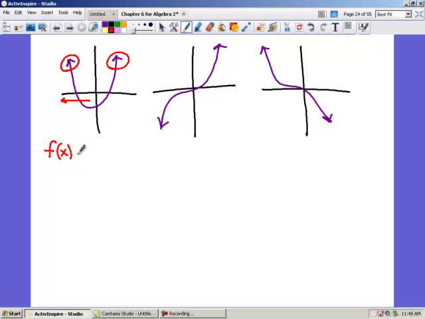So as the function goes to negative infinity, because we're talking about all these numbers over here, what does the graph do? We're going to say that the function goes to positive, because all these values are going up. Positive infinity.